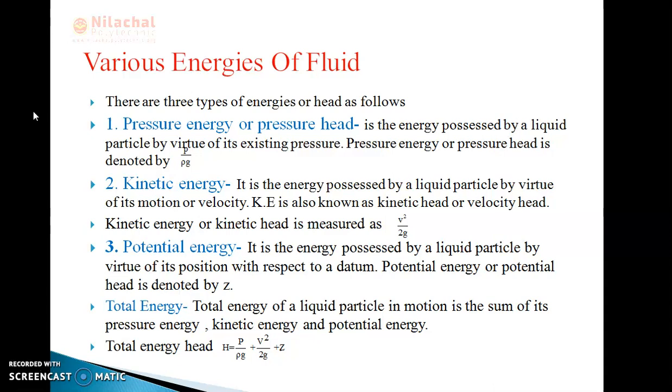This is the energy possessed by a liquid particle by virtue of its existing pressure. The pressure energy or the pressure head is denoted by P by rho g. All of you know that P is equal to rho g h, so h is equal to P by rho g. That is the pressure energy or pressure head.